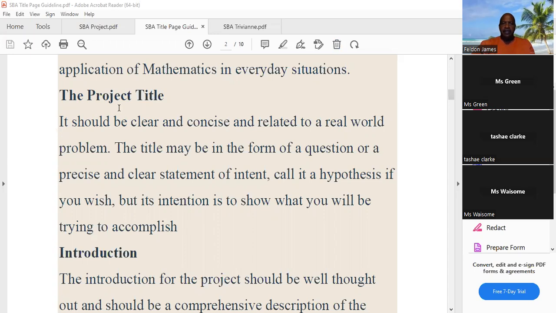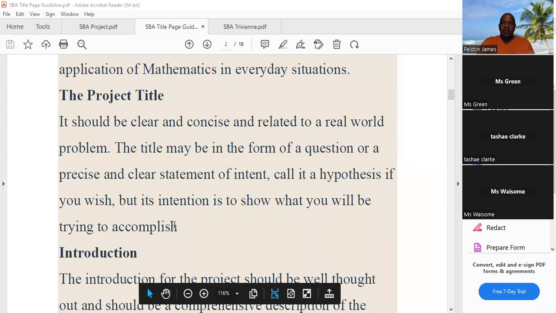The project title should be clear and concise and relate to a real world problem. The title may be in the form of a question or a precise and declarative statement of intent. This statement of intent is also called a hypothesis, right?